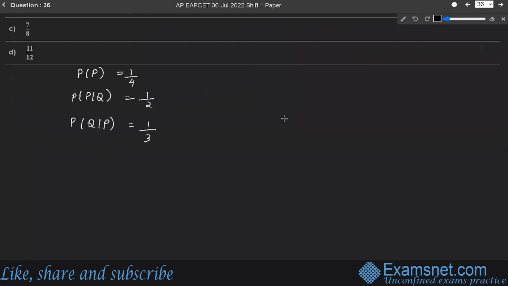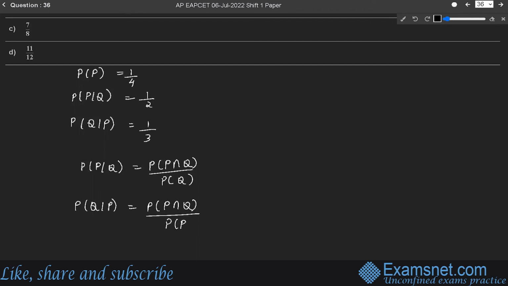We know that by conditional probability, P of P by Q is equal to P of P intersection Q divided by P of Q. We also know that P of Q by P will be equal to P of P intersection Q divided by P of P, which will be equal to 1 by 3.